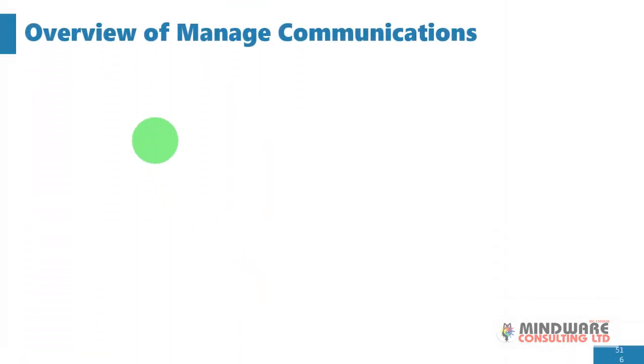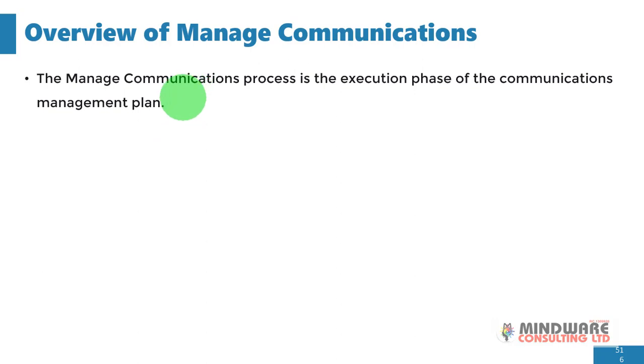Now, a quick overview of what the managed communications process is all about. The managed communications process is the execution phase of the communications management plan. By now you already know the various phases we have in project management, which we call the project management process groups.